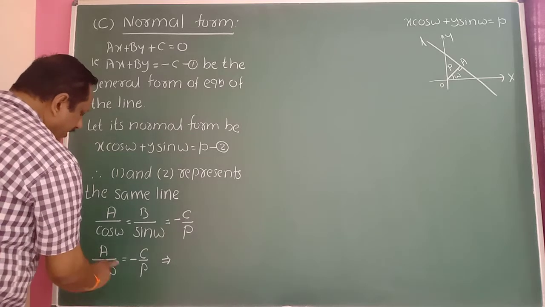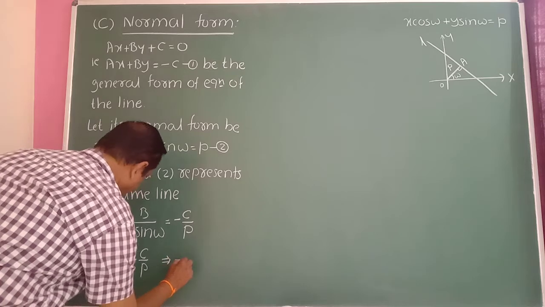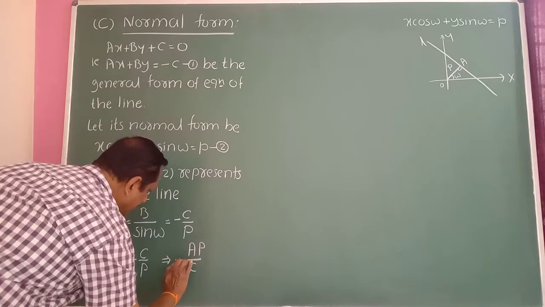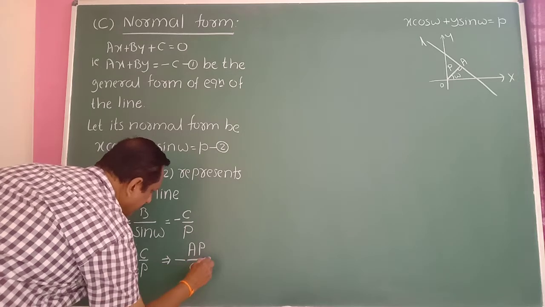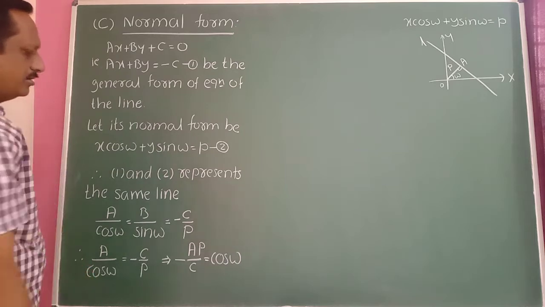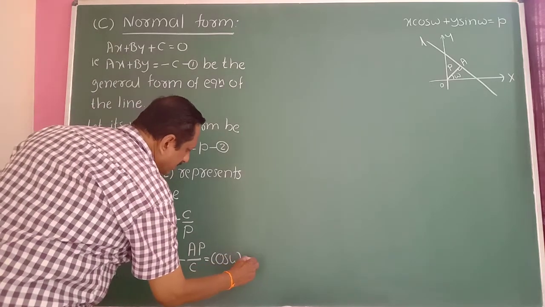Therefore, minus AP divided by C is equal to cos omega. Take this one as result number 3.